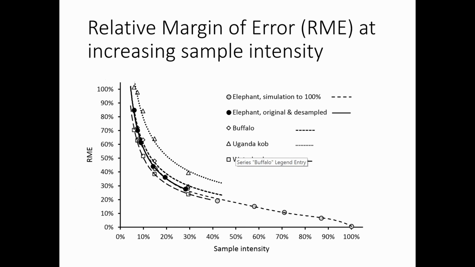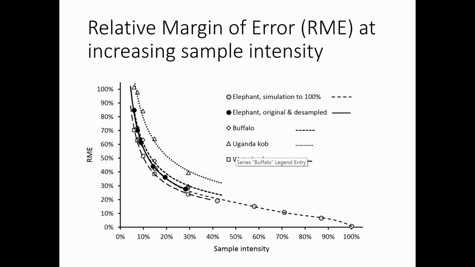In fact, the guidelines for elephant counting say that's really what we should aim for. But generally speaking, sample intensity is low, and all you can afford is getting you an RME of 60%. You're not really in a position to determine trends accurately.